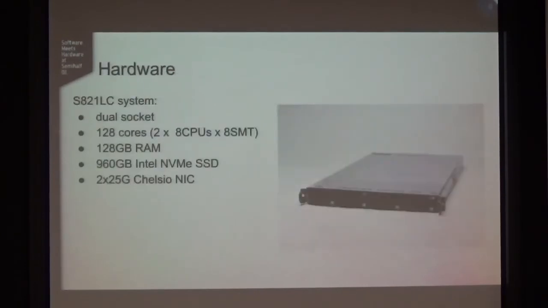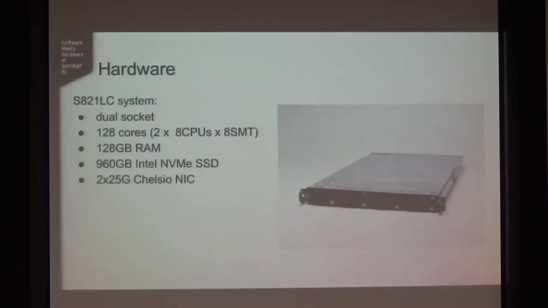Yeah. And that's the baby we are working on. This is an S821C system. It's a new rack-mounted server board dedicated for CPU-intensive operation. It's equipped with 2 CPU nodes.